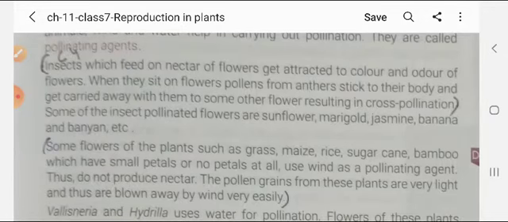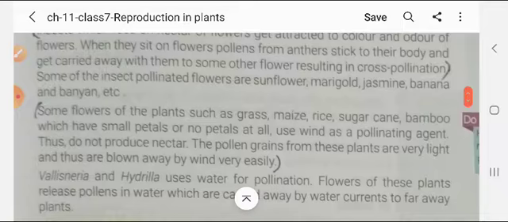Some flowers of plants like grass, maize, rice, sugarcane, and bamboo have small petals, and in some there are no petals at all.